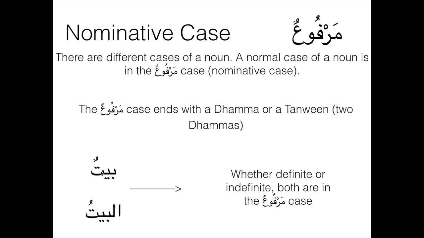We have taken this before when we spoke about the indefinite and definite. The tanween tells us it's indefinite. There are 2 dhammas here, and 1 dhamma here. This is definite because of the alif lam, and there is 1 dhamma. Both these words are in the marfu' case.